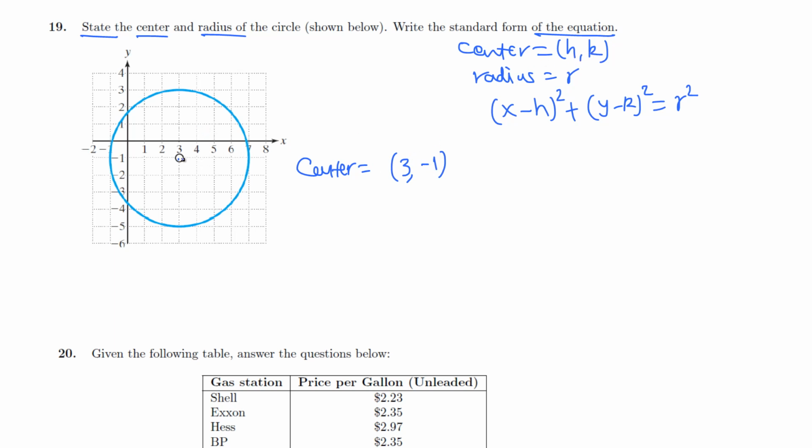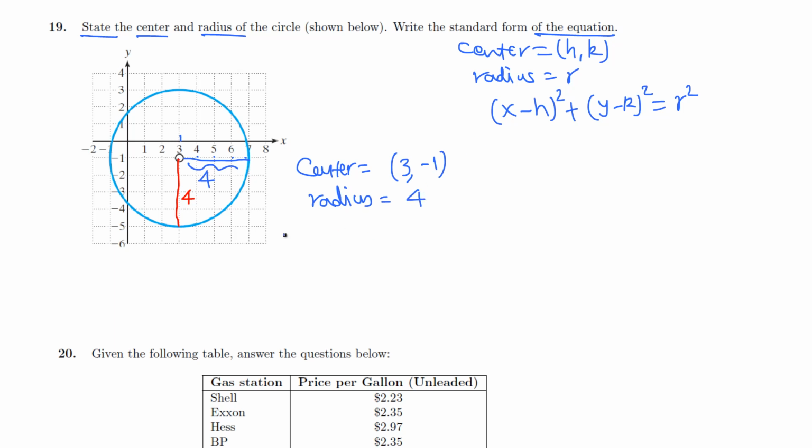And the radius means from this center to either side. So just look at the length from here to here: 1, 2, 3, 4. This is 4 units. Or you can go from here to here as well, that would be 4 units as well. In any case, the radius is 4.